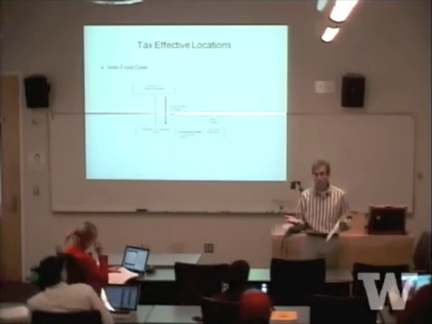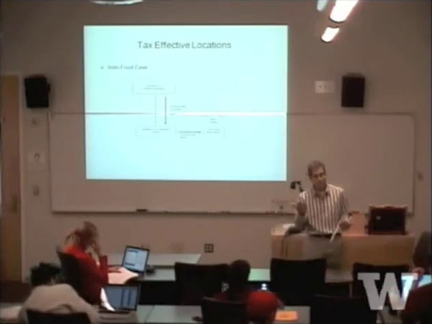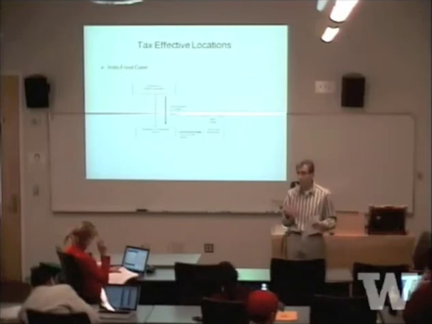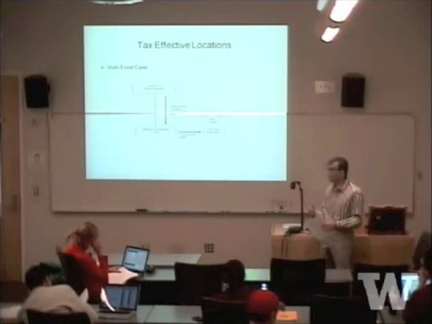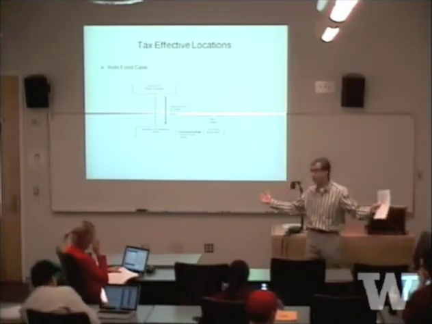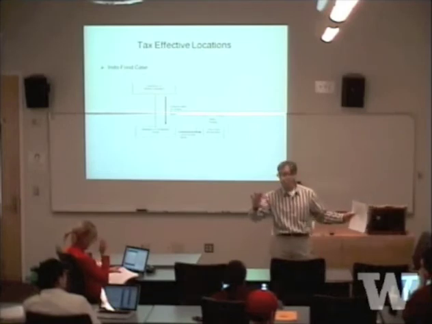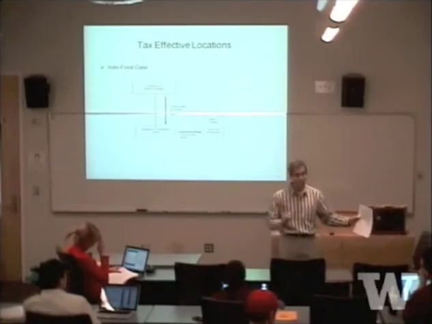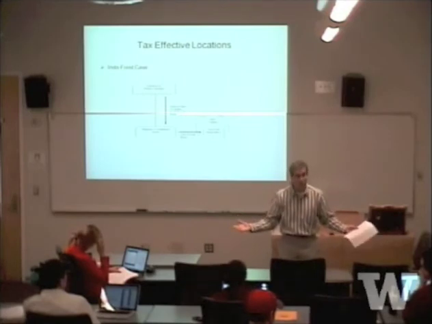So as a result, if there's a domestic 20% withholding rate in Indonesia, and Indo-Foods is going to borrow several $100 million, if they can reduce that 20% withholding down to 10%, that's a big savings to them.